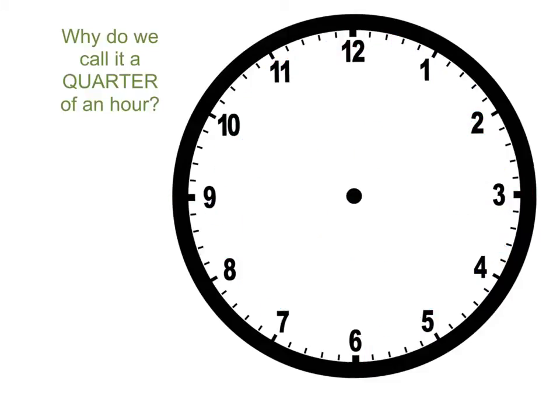When we're telling time, and the minute hand has now moved, instead of being on the 12 for the o'clock time, if it has moved all the way to the 3, like so, the minute hand has traveled 15 minutes, and sometimes we say that it has moved past 1/4 of the whole clock. Instead of going halfway around, it has only made it 1/4 of the way around, or a quarter of the way around. So that's why we use the word quarter. It's 1/4 of the way around the clock.